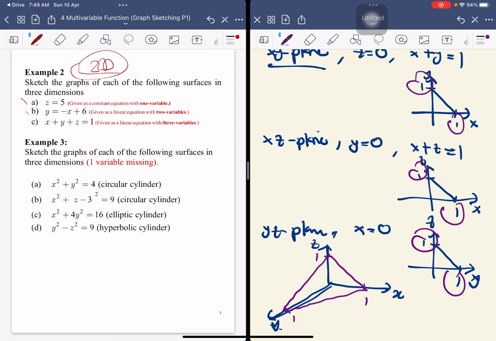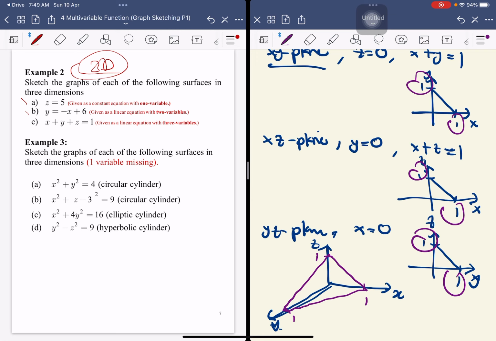Whenever we have an equation with complete variables, meaning all variables x, y, and z, it depends on the question as well what you should set in order for you to get the correct traces. So the idea is to sketch the correct traces first, and in order to get the correct traces, you use prior knowledge.